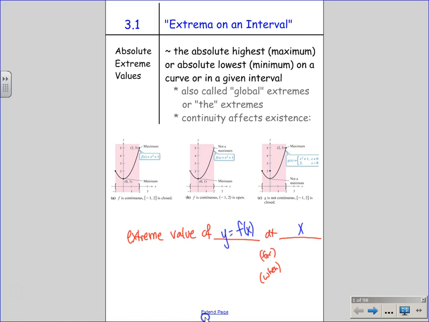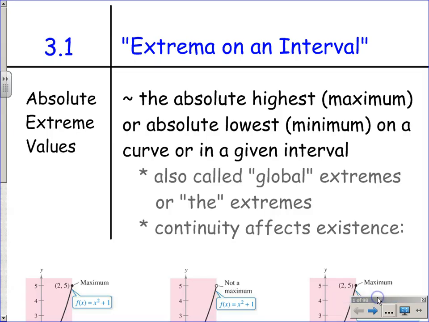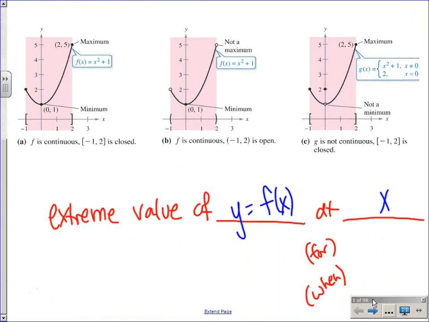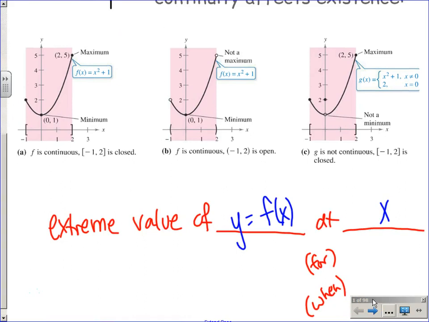Whenever it's talking about the value itself, if you look at these graphs, and let me zoom on the graphs themselves. The first graph that you see, what's the maximum value? Nope, but you're close.